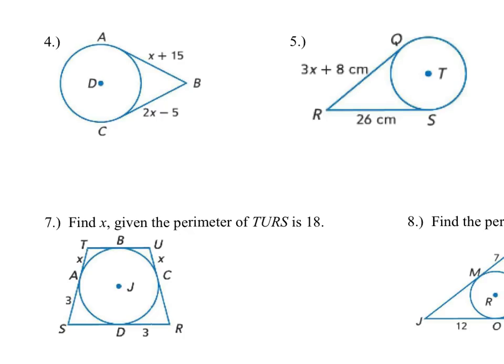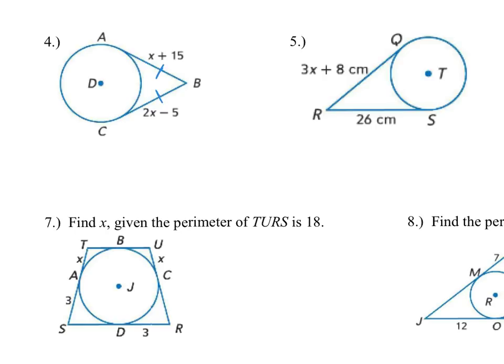Now, in these next three examples, you're always going to see two segments that are tangent to a circle from the same exterior point. So the theorem we saw told us that when you have two segments that are tangent to a circle from the same exterior point, then we may conclude that those two tangents are congruent to each other.